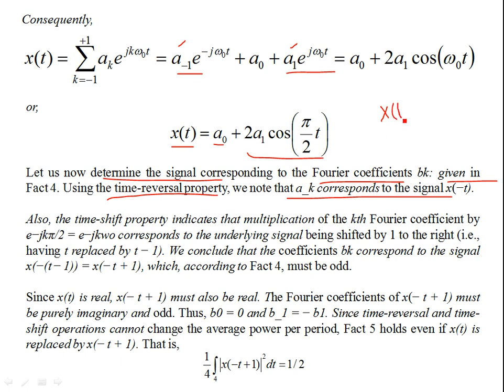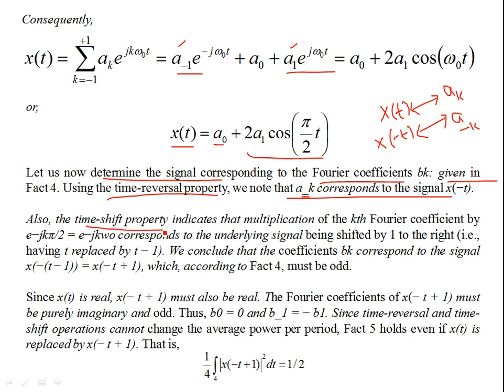If you recall, the time reversal property was: if x(t) has the Fourier coefficients a_k, then if you flip the signal around the vertical axis so it becomes x(-t), it will have the Fourier coefficients a_{-k}. This is subscript, so you can write this as a_{-k}.